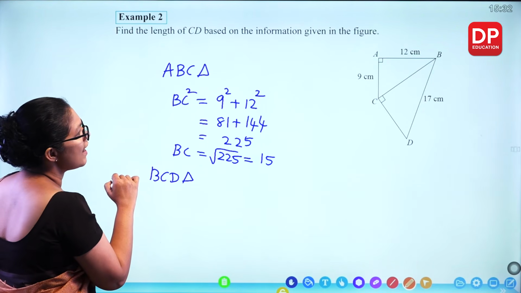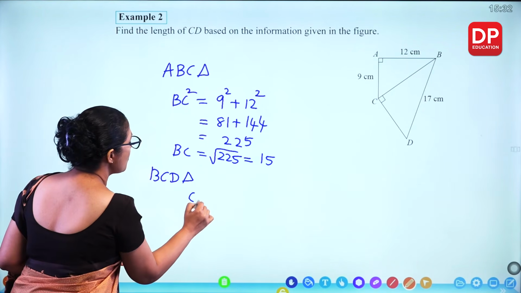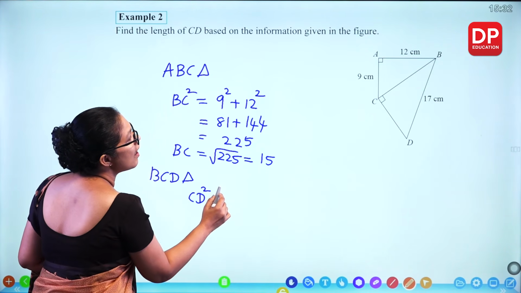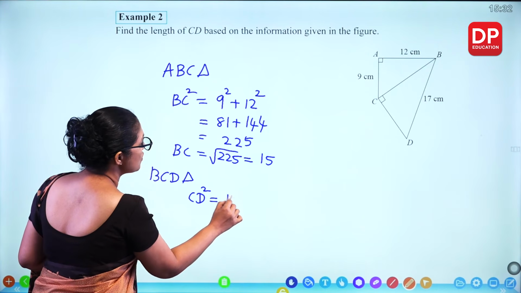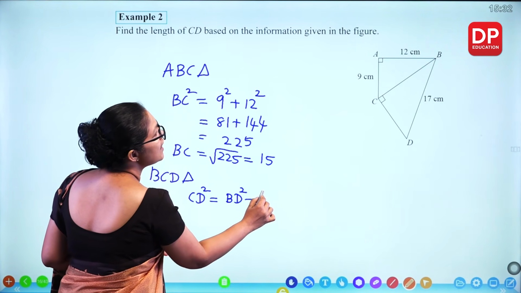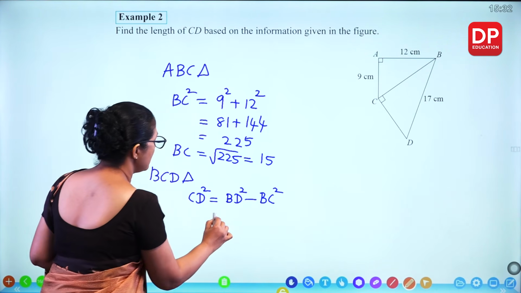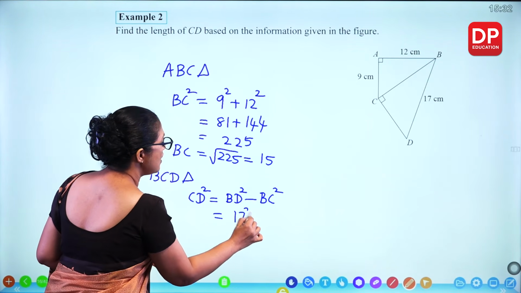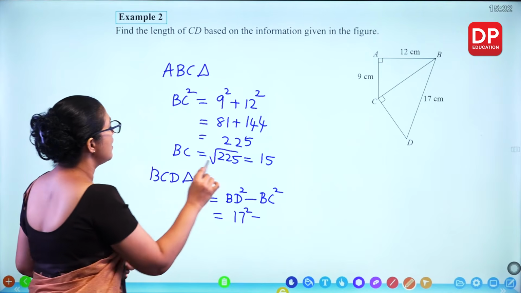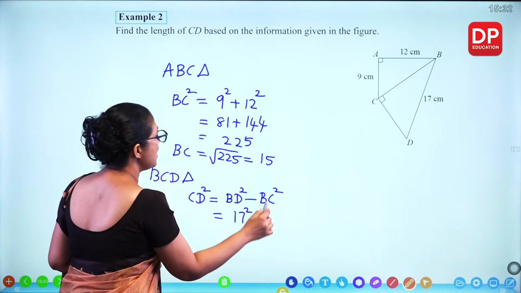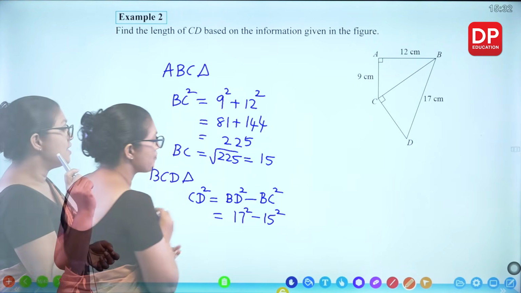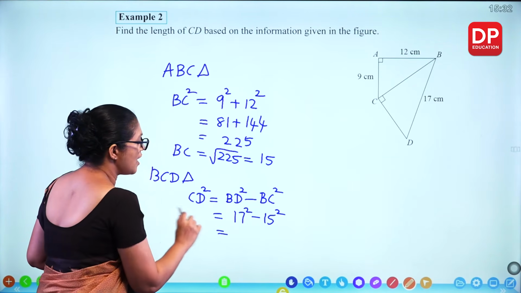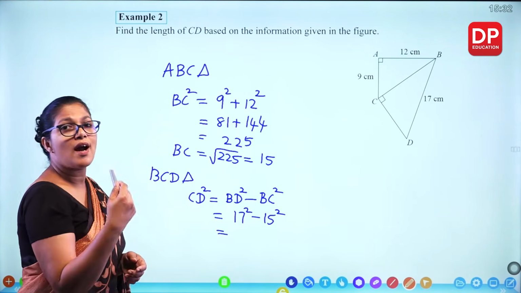So in triangle BCD, what is CD squared? CD squared is BD squared minus BC squared. BD squared, we know that's 17 squared. Here BC squared, I can use 15 squared. Use the difference between two squared terms. It's easy, otherwise you need to know what 17 squared and 15 squared are.